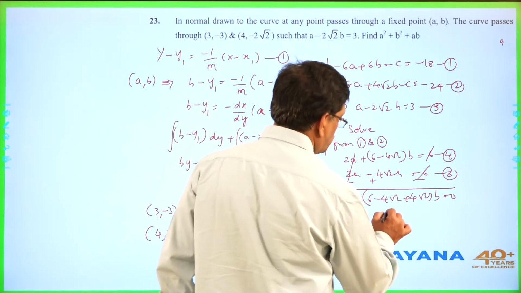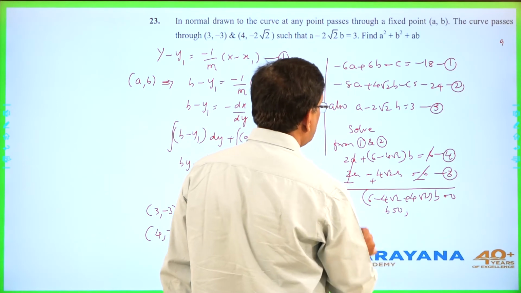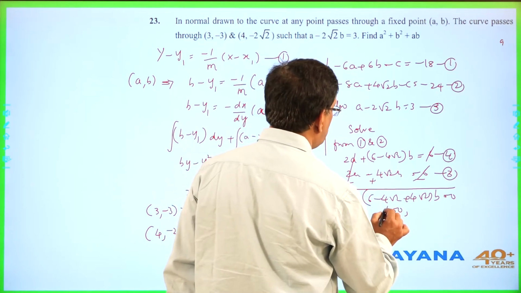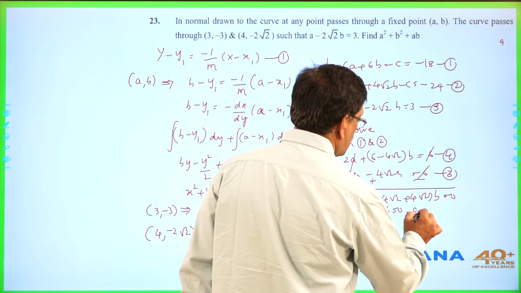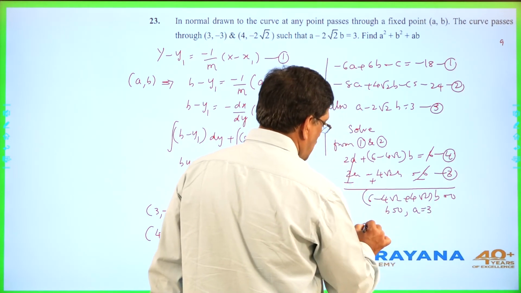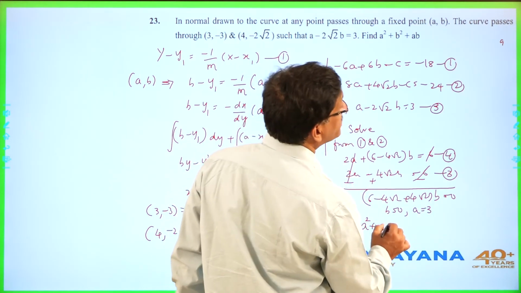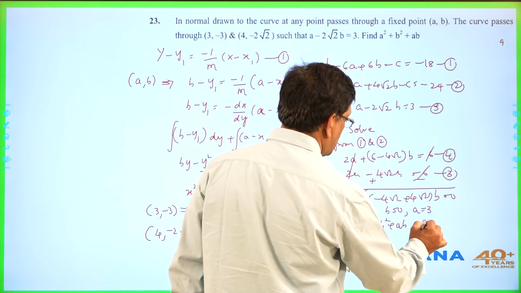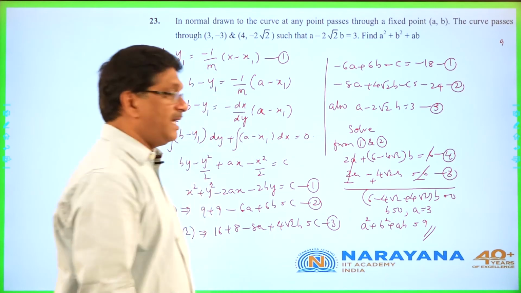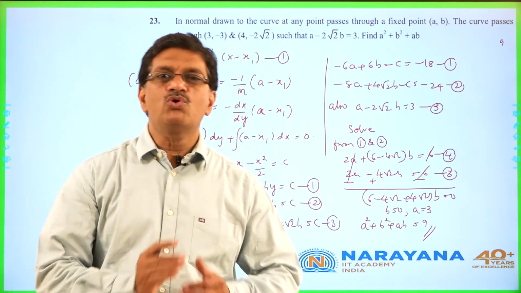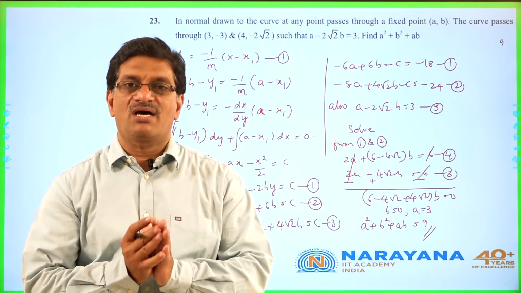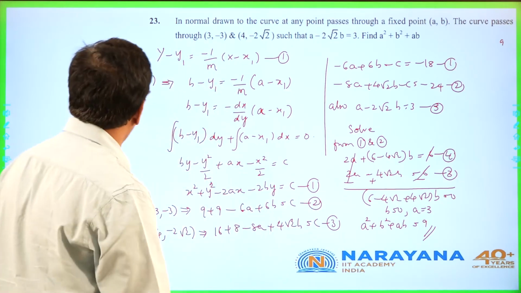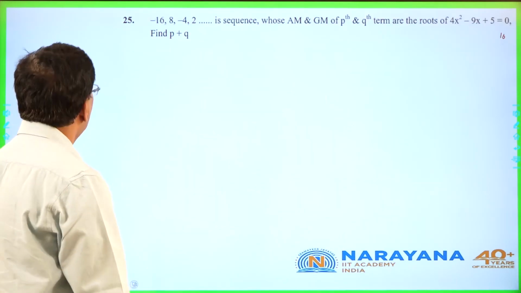B is 0 means a equal to 3. Now he is asking a square plus b square plus ab, that is 9. So here few questions are lengthy, explanations are lengthy, but nothing is there in that. Let us go to the next question.